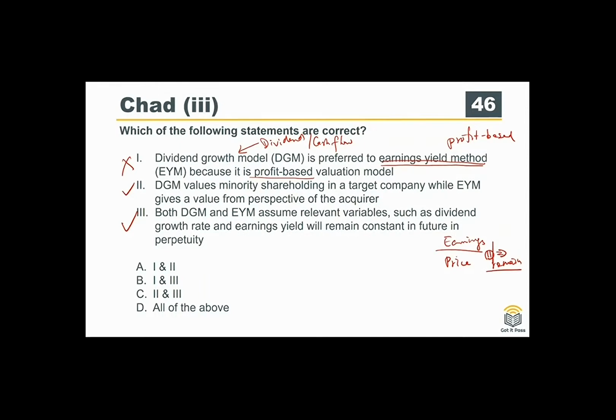In the valuation, with the market average or industry average earnings yield, you assume this yield is applied to all companies in the same industry, with no modification for any future changes. So statements 2 and 3 are both correct. The answer is C here.